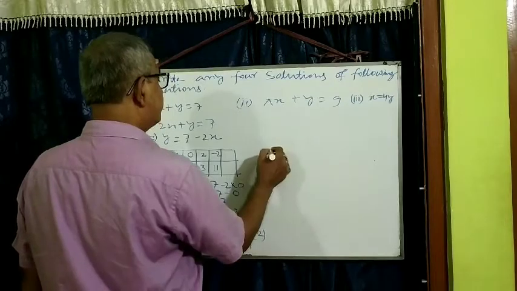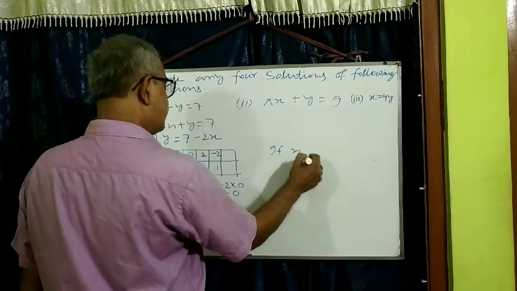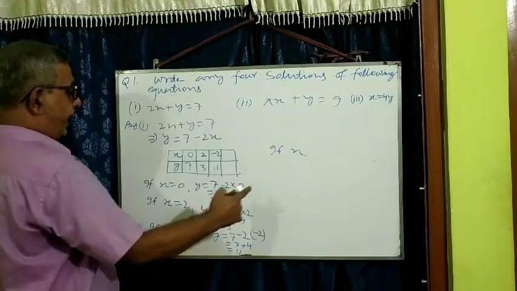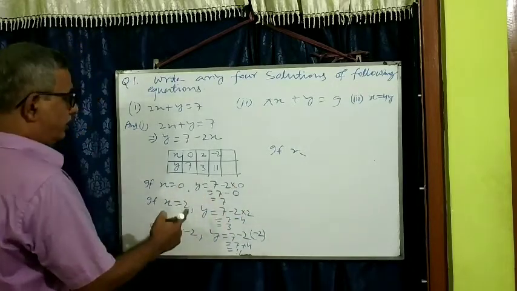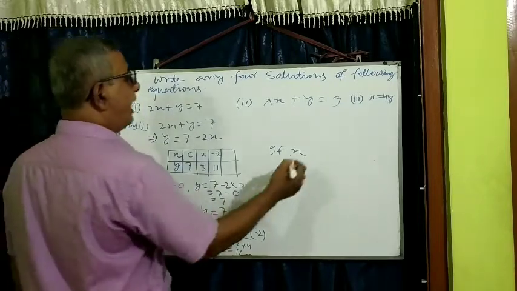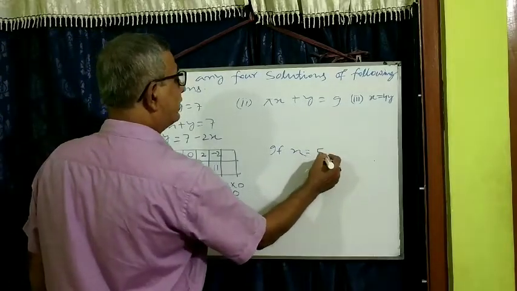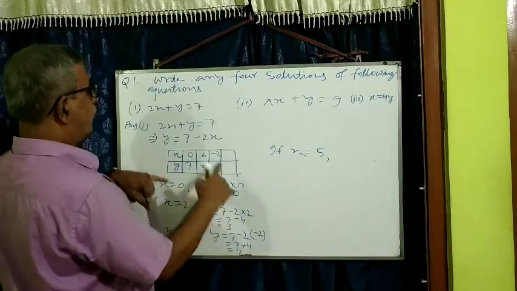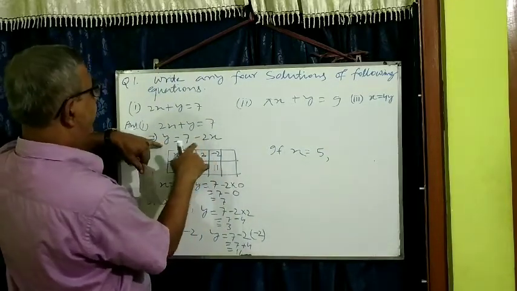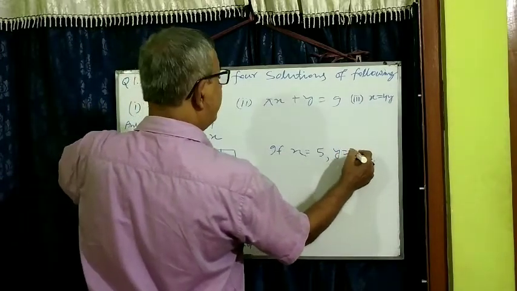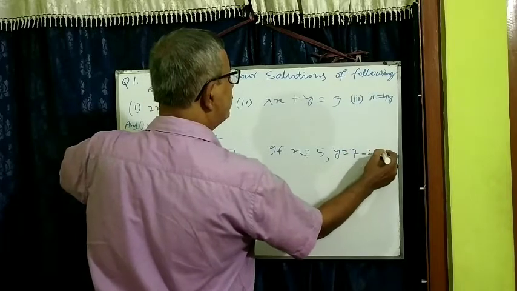If, here itself you see, if x is equal to, here I don't have a space, so I am writing here. x is equal to, you like whatever. Suppose you are taking 5. Okay, 5 I am taking. Then what will happen? Do you understand? x is equal to 5. So x is equal to 5 means what? y is equal to 7 minus 2 into 5.